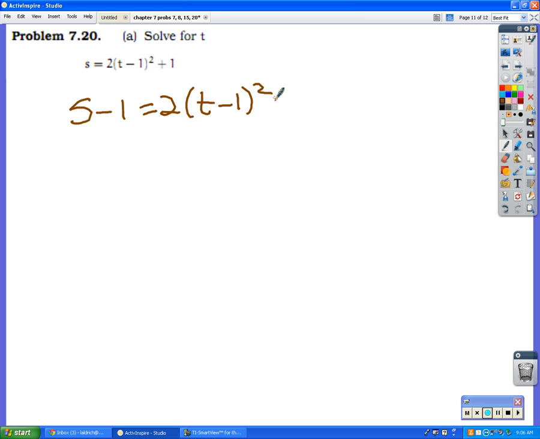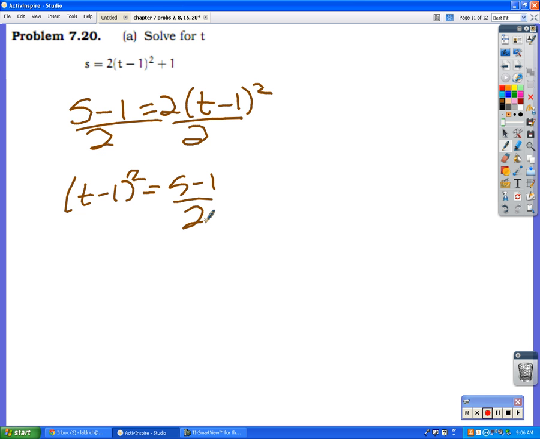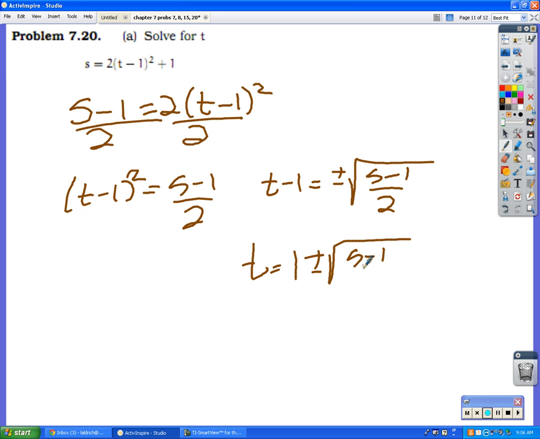Divide by 2. So t minus 1 squared equals s minus 1 over 2. Now what? Square root both sides. So t minus 1 equals plus or minus the square root of s minus 1 over 2. Now what? Add 1. So final answer, t equals 1 plus or minus the square root of s minus 1 over 2.